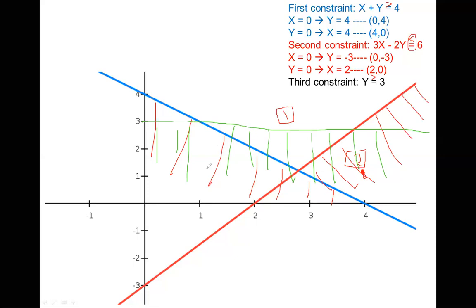So now the solution area, the unhighlighted area, is the feasible region. The first point is 0, 4.